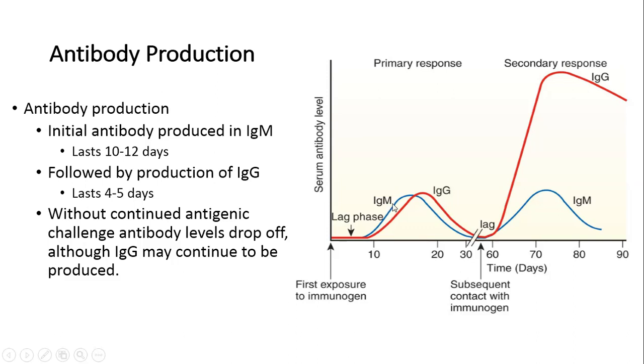And during that first phase, we get kind of a gradual rise. By the time IgM peaks, we're at about 15 days, and by the time IgG peaks, we're at about 18 days. So it takes a good solid couple of weeks before we get our peak rise of antibody production.